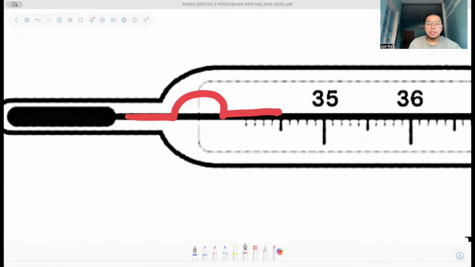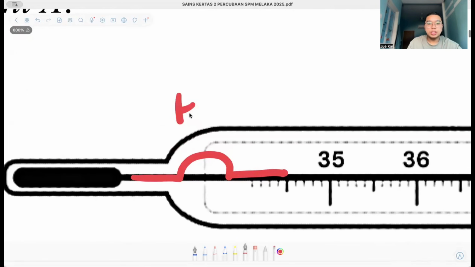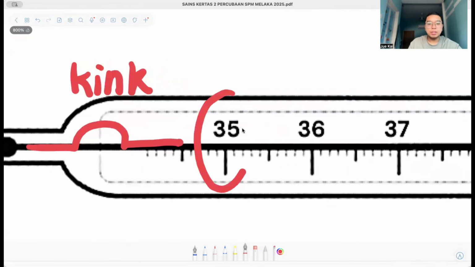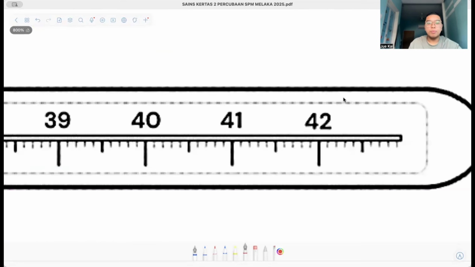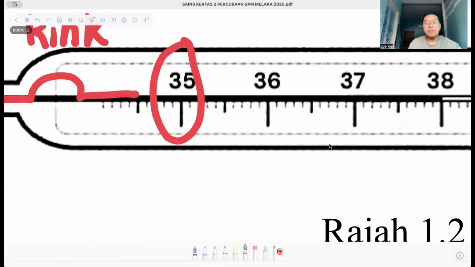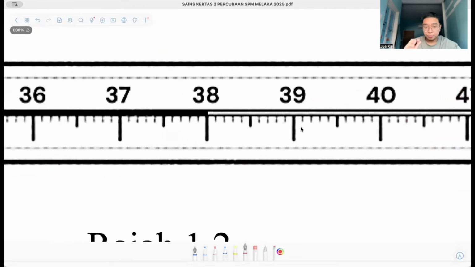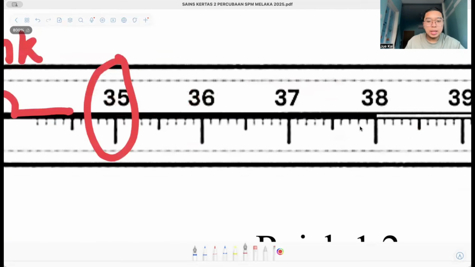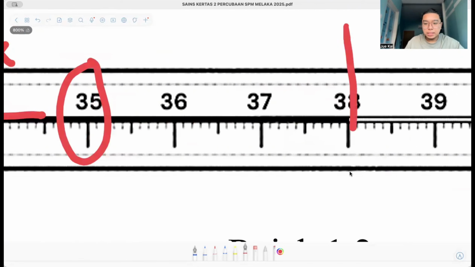It has a kink. Although the question doesn't give it to you, you need to know it on your own. This is the kink. Right now, you see minimum 35, maximum 42. Obviously, minimum 35, maximum 42.